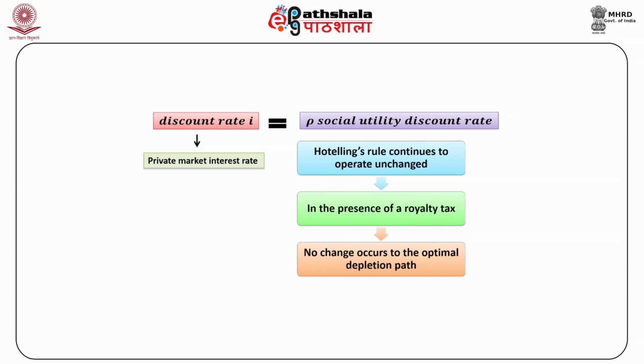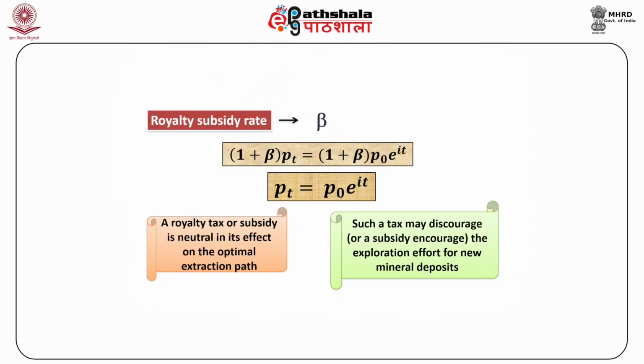Hotelling's rule continues to operate unchanged in the presence of a royalty tax, and no change occurs to the optimal depletion path. This is also true for a royalty subsidy scheme. If we denote the royalty subsidy rate by beta, the efficiency condition may be given as (1 + β)Pt = (1 + β)P0 e^(it), which implies Pt = P0 e^(it).